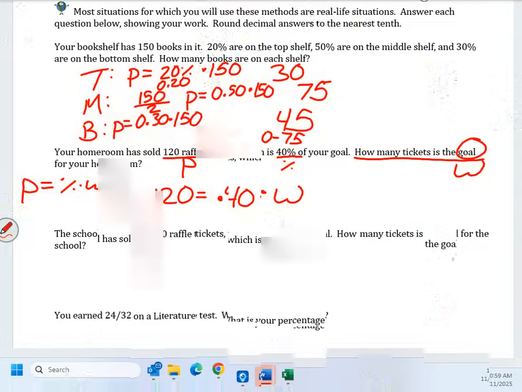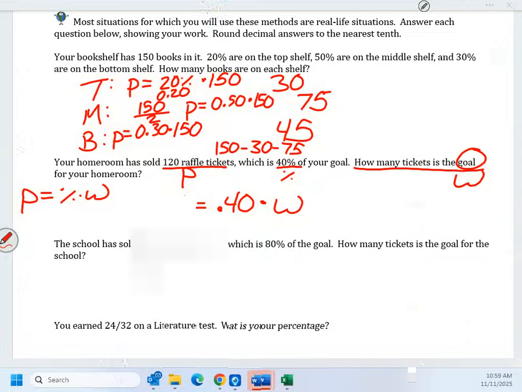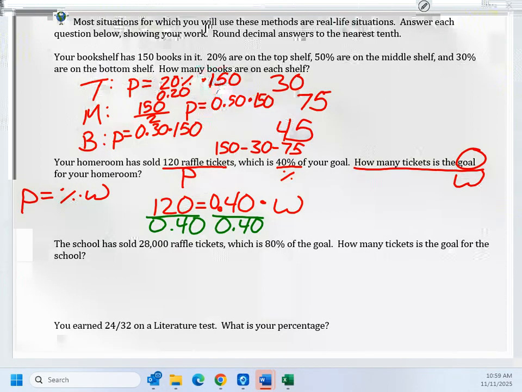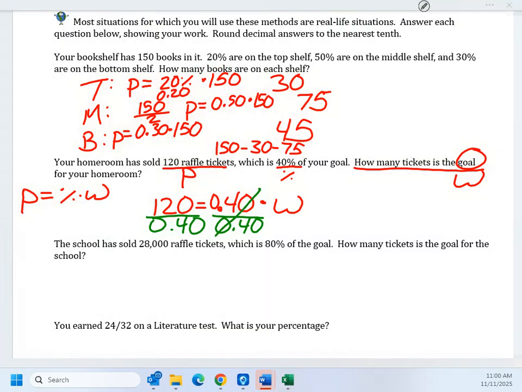I need to get that whole by itself, so I have to do the opposite operation. So I'm gonna divide by that 0.40. What is 120 divided by 0.40? Because I know 0.40 divided by 0.40 is 1. What is 120 divided by 0.40? Evelyn?